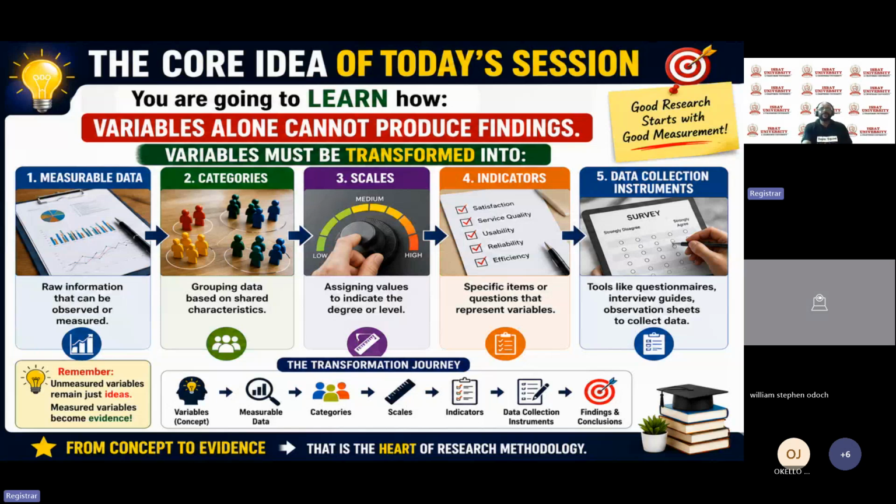So these are the various ways you collect data and use instruments to collect data. I want to say a key thing: good research starts with good measurement. If something cannot be measured, even if you translate variables into indicators, it is very difficult.